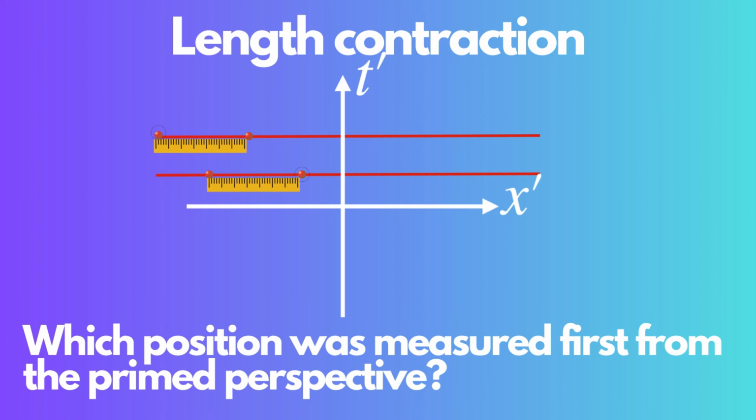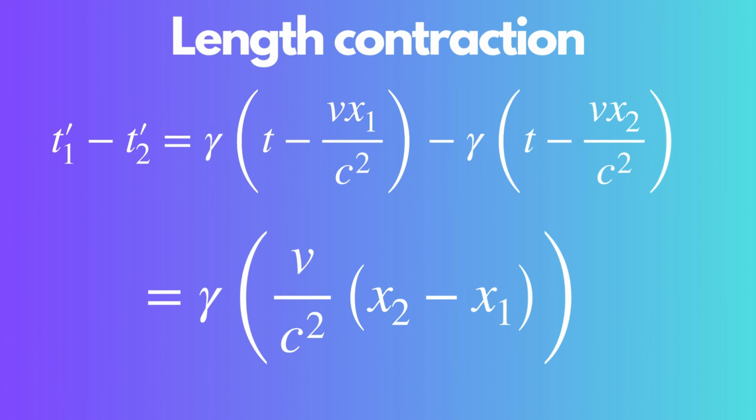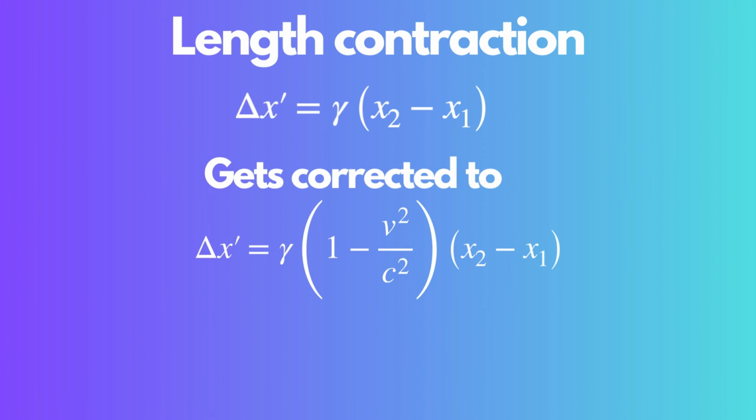This means that they measured the back and then they measured the front, i.e. they must have over-measured it. We therefore need to correct for this effect and reduce the length by an overall factor given by this formula. Therefore, correcting for this, they measure that the difference in prime coordinates at a constant t' is given by this.